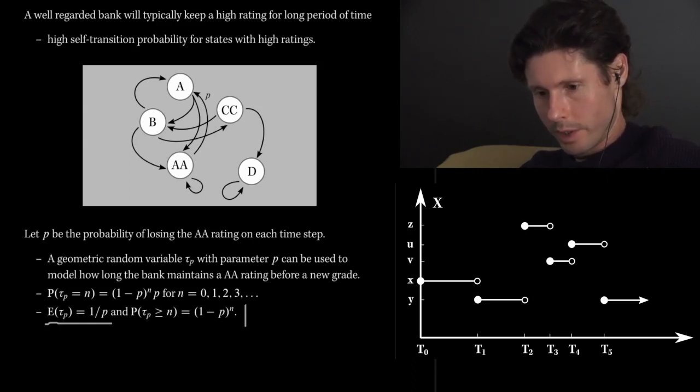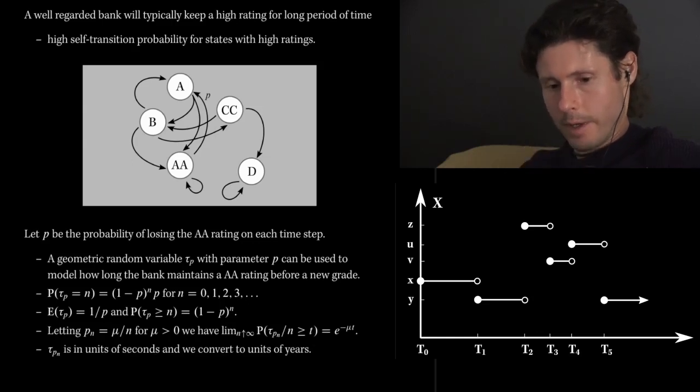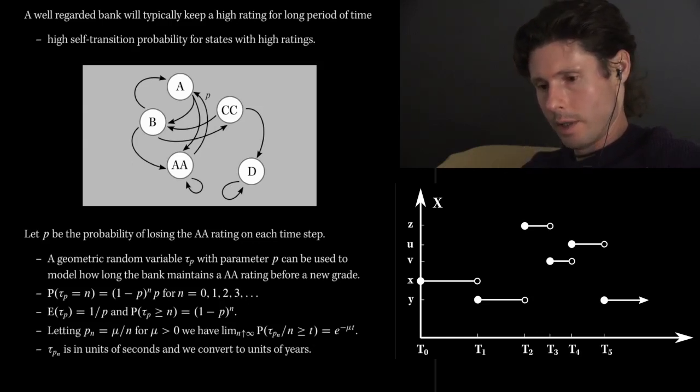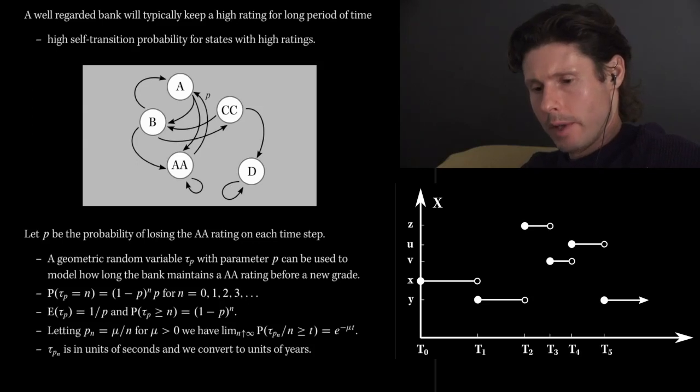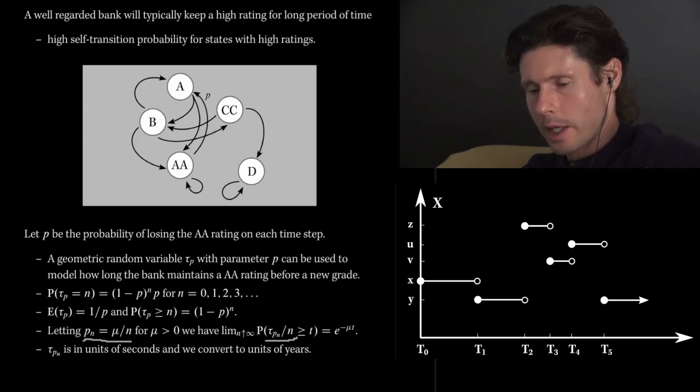We've done a certain kind of analysis before in the case of a Poisson process, where we let this probability of losing the rating scale with a parameter n. If you look at this quantity here, this is like a time unit conversion.